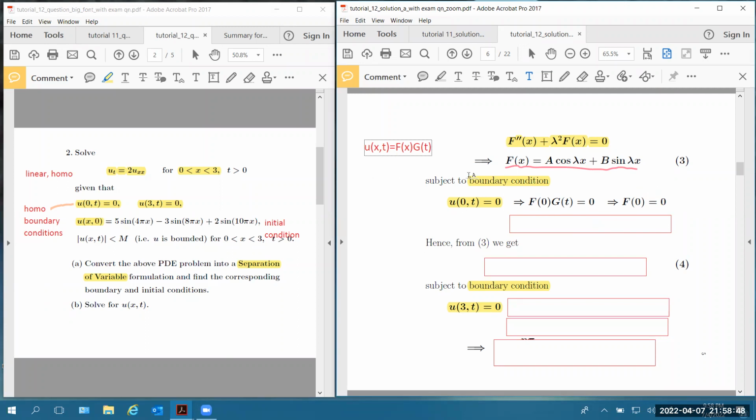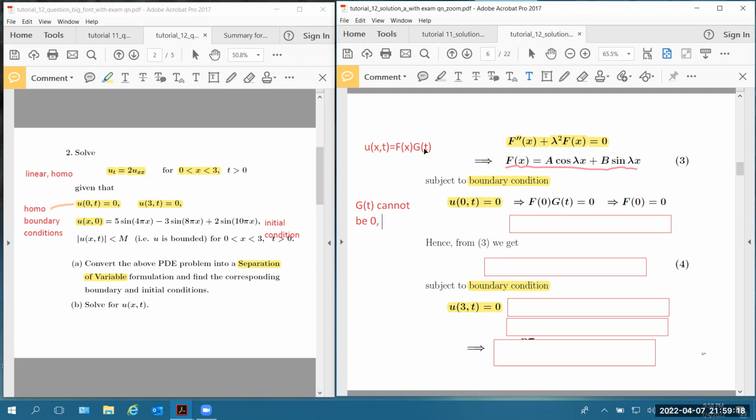Now of course some of you will ask, why can g(t) not be 0? Can you pick g(t) to be 0? Really cannot be 0. Why? Because suppose your g(t) is 0, then what happens to your solution u?